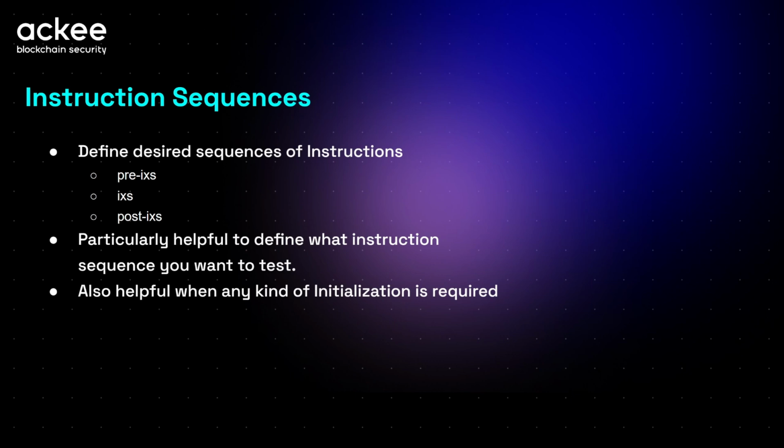And even though the underlying data are random, the instruction sequence you specified will be ensured. As I said, it can also be helpful when you need to initialize accounts before updating or calling other instructions.